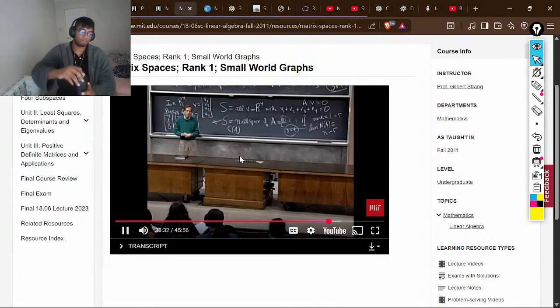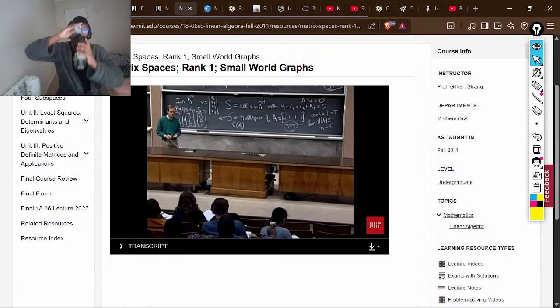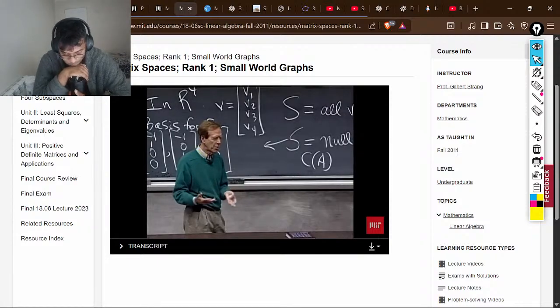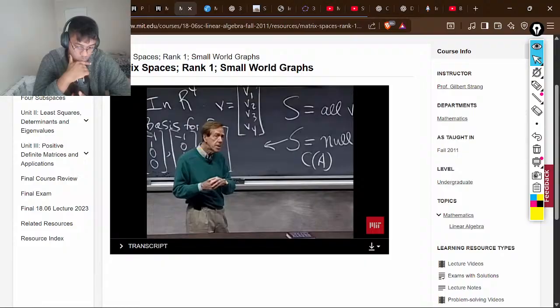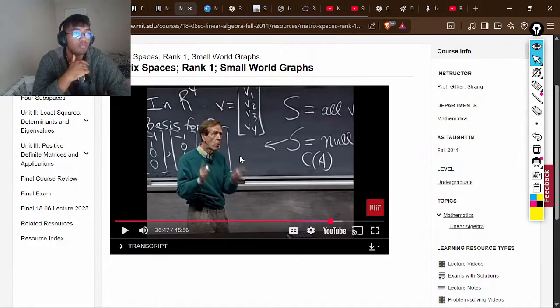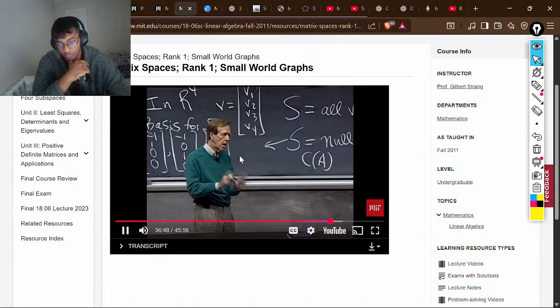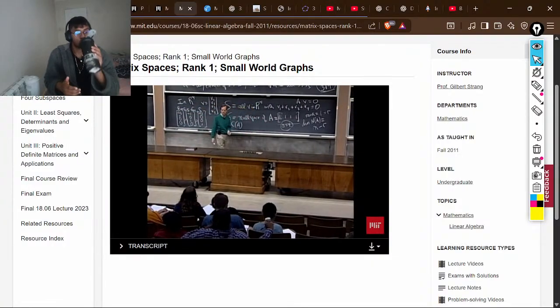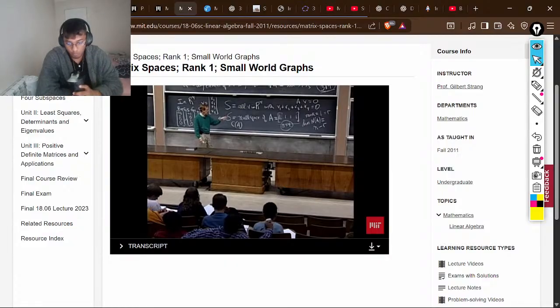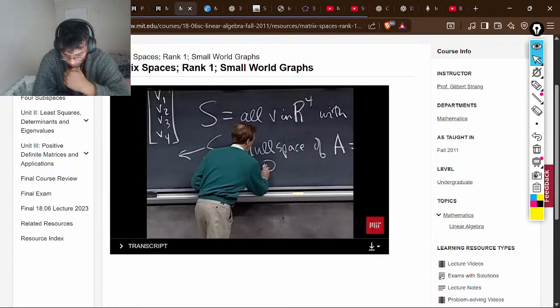What is the column space actually? The column space for that matrix is R1. The column space for that matrix is all multiples of that column, and all multiples give you all of R1.